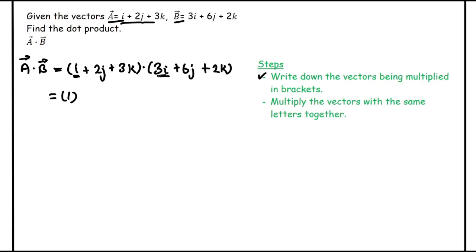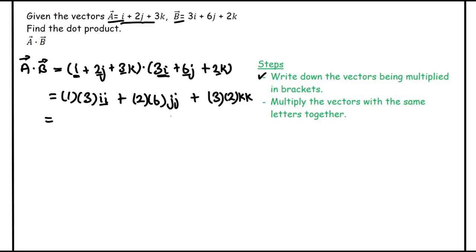So that's 1 multiplied by 3. Then on the outside, we'll put i times i. Plus 2 and 6, so that becomes 2 multiplied by 6. Then we'll put j. Plus 3 by 2, then we'll put k.